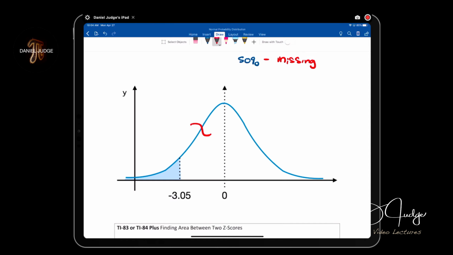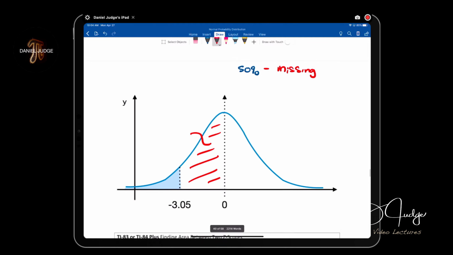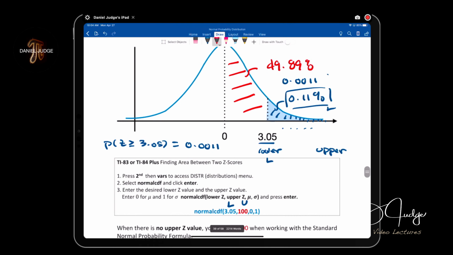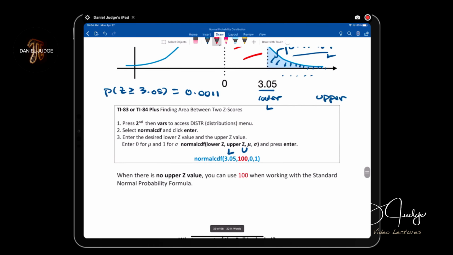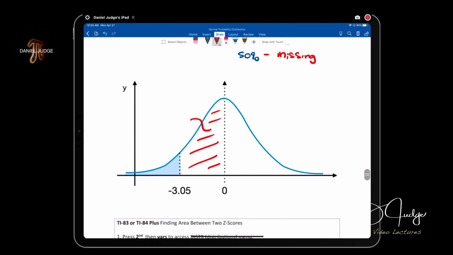And you go, oh, okay, that negative 3.50, well, that's analogous to the other one. Since it was 3.5, it's 49.89%. So 49.89% is missing. We already know what that one is. We already did this.